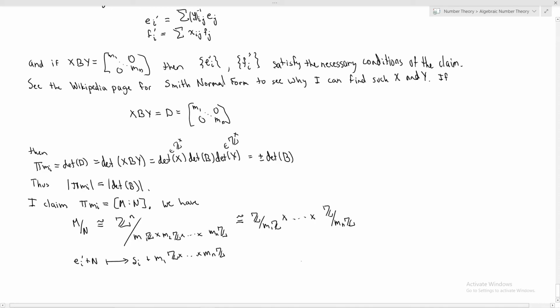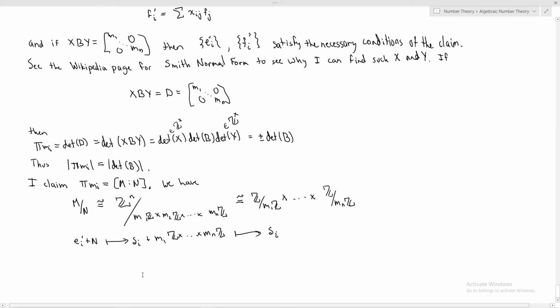You can probably use the Chinese remainder theorem here, but you can probably just write this delta sub i, where this is 1 in the ith component, 1 in Z mod m_i Z, and 0 elsewhere.